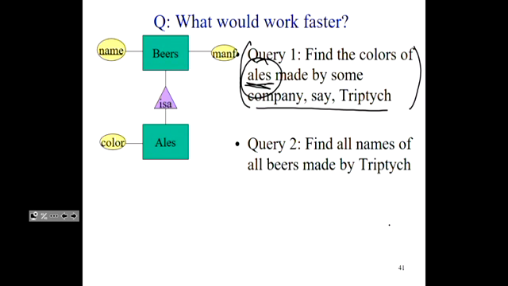Thankfully, the manufacturer information is also present in this ales relation if I'm using the object-oriented approach. All of the information about ales is present in that relation. So the object-oriented approach is actually a great approach for this particular query, right? And we'll talk about the null value-oriented approach and the ER approach in a second. Any hunches on which one would be better for query 2?